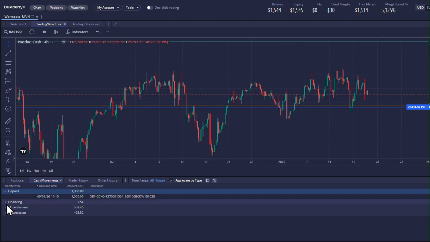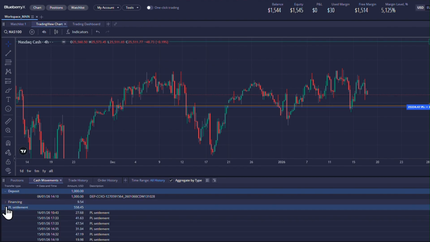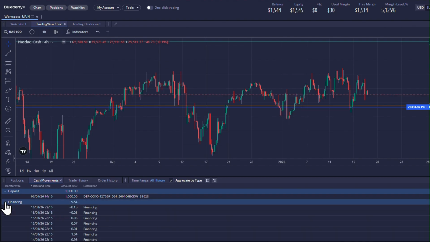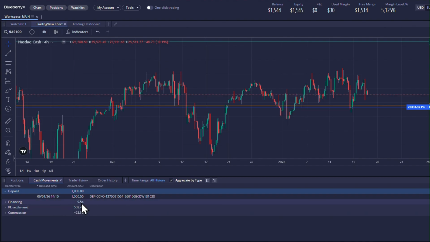I have already made a profit of about $500, with commission fees of $23, and financing is a positive $9. If you are familiar with MetaTrader, this is the equivalent of swap fees, the fees the broker gives you, financing you for holding trades.